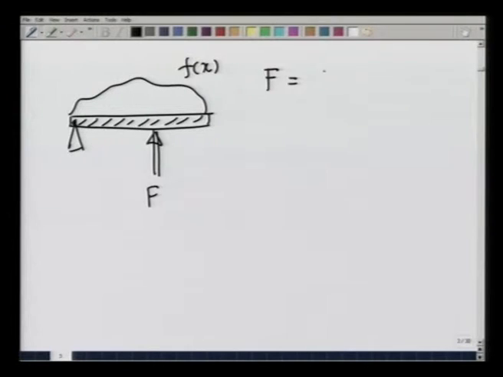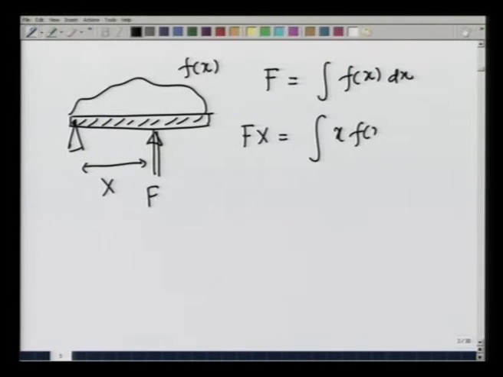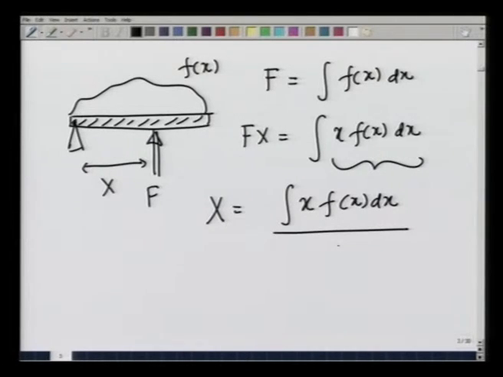To equilibrate the beam is going to be integration f(x) dx, and I should have F times x, where x is the distance at which the force is being applied, equal to integration x f(x) dx, which is nothing but the moment generated by the force distribution f(x), and therefore, x equals integration x f(x) dx over F, and this by definition is the definition of centroid.